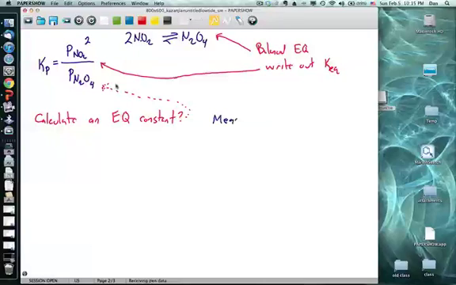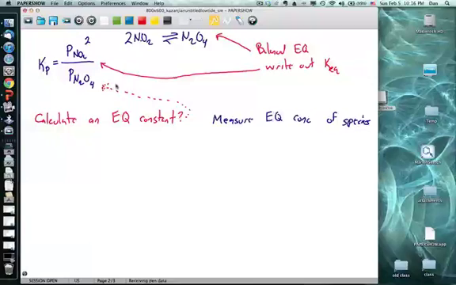So the easiest way is to measure the equilibrium concentrations of all your species involved, both the reactants and the products. But we don't necessarily have to measure them all directly. We can also measure them indirectly, thanks to the wonderful world of stoichiometry. Let's take a look at an example.